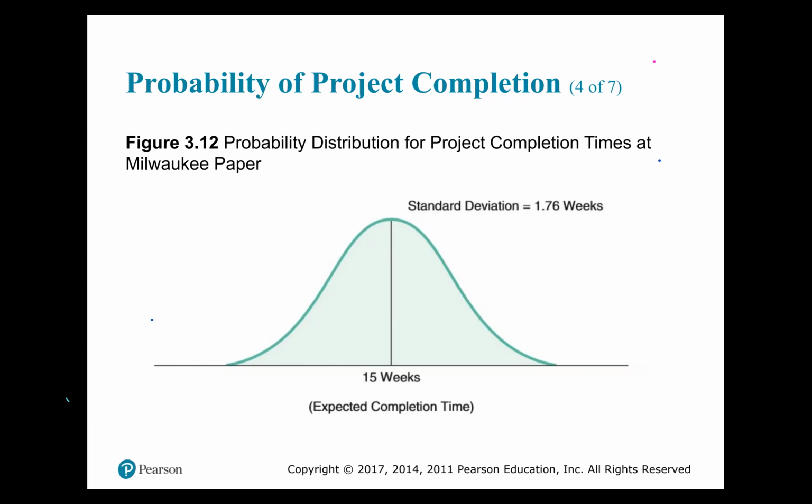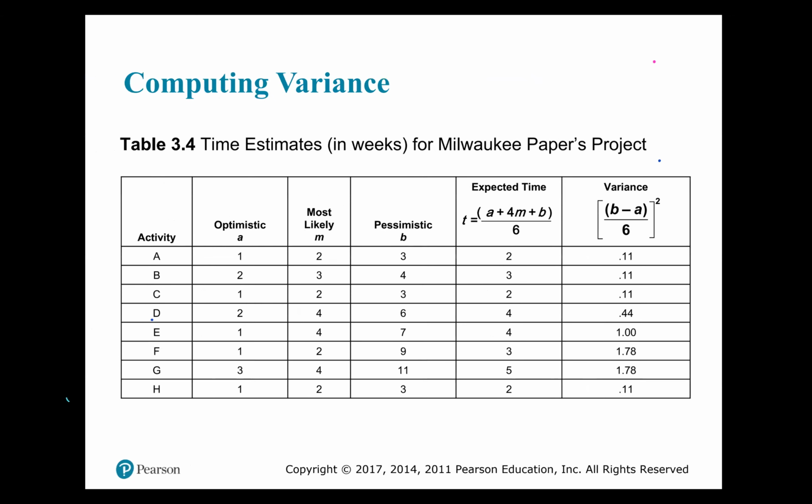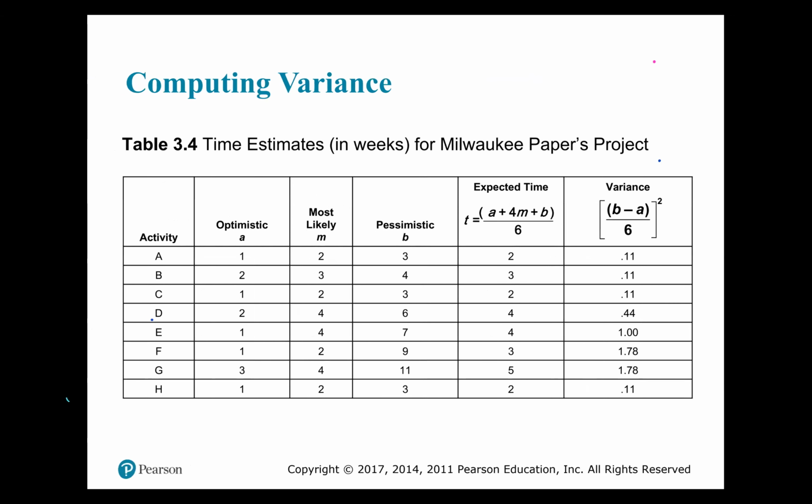We have to insert the word expected. It tells us that there are probabilities lurking there, right? So we have to say, no, the expected completion time of the project is 15 weeks. So if we're expecting the project to be completed in 15 weeks, it means it can maybe be completed in more or less than 15 weeks.